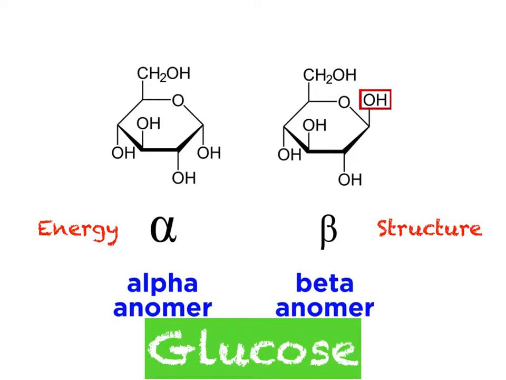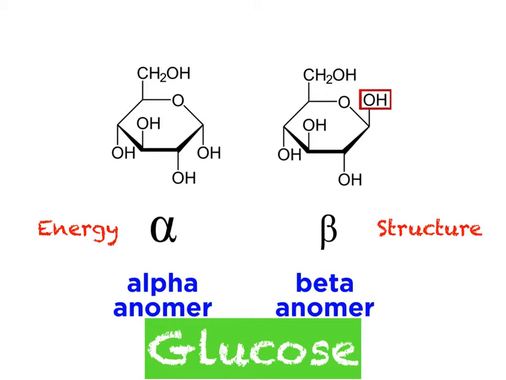In alpha, you will have the OH of carbon 1 below the plane of the ring structure, or on the other side of CH2OH. And in beta glucose, or beta anomeric glucose, you have the OH above the plane of the ring, or towards the same side of CH2OH.